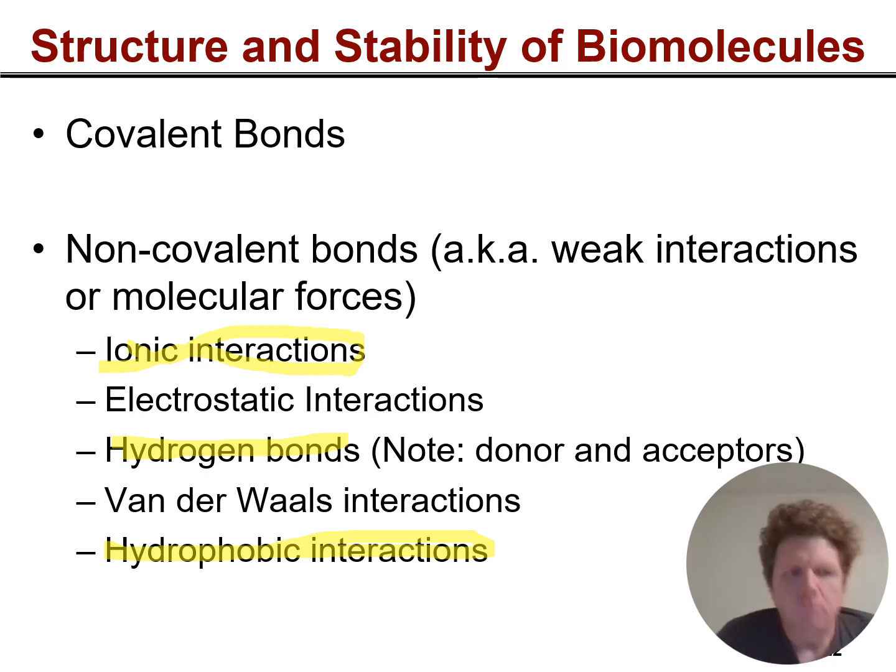But more times than not, when we're talking about the stability of something like DNA, you're focused on those hydrogen bonds that hold the two strands of DNA together. Hydrophobic interactions drive proteins to fold in a certain way. So ionic interactions, hydrogen bonds, and hydrophobic interactions are going to be your three most common.